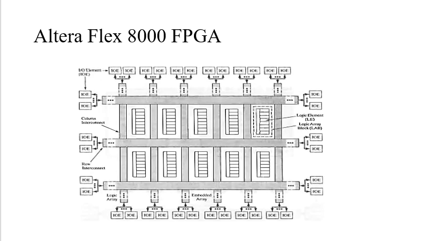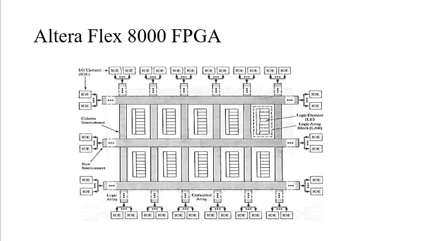When you discuss these architectures, you do not need much content for the explanation. It consists of 8 IOB blocks, the input and output element blocks, and the LABs, nothing but logic array blocks, which consist of logic elements. Each LAB consists of 8 logic elements.